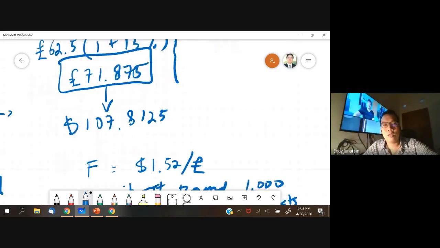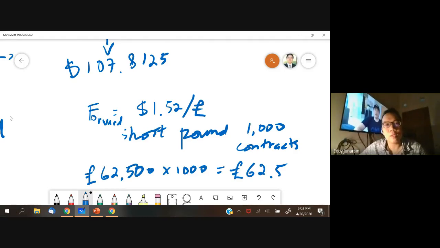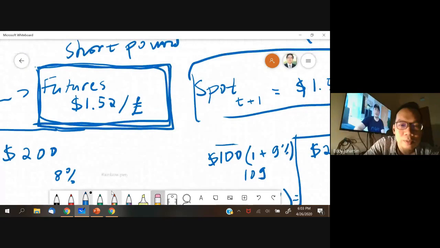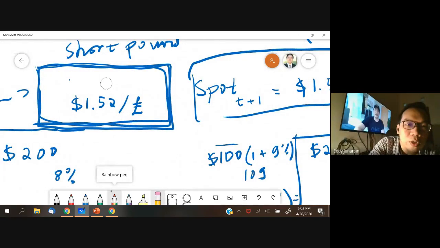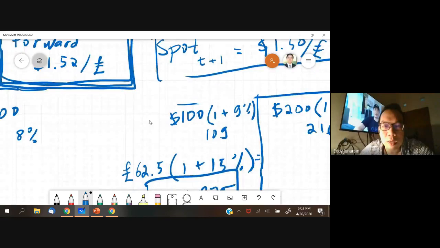So maybe let's change the story a bit, okay? Instead of futures, let's do it in the forward market to make the story more simple, okay? Forward.